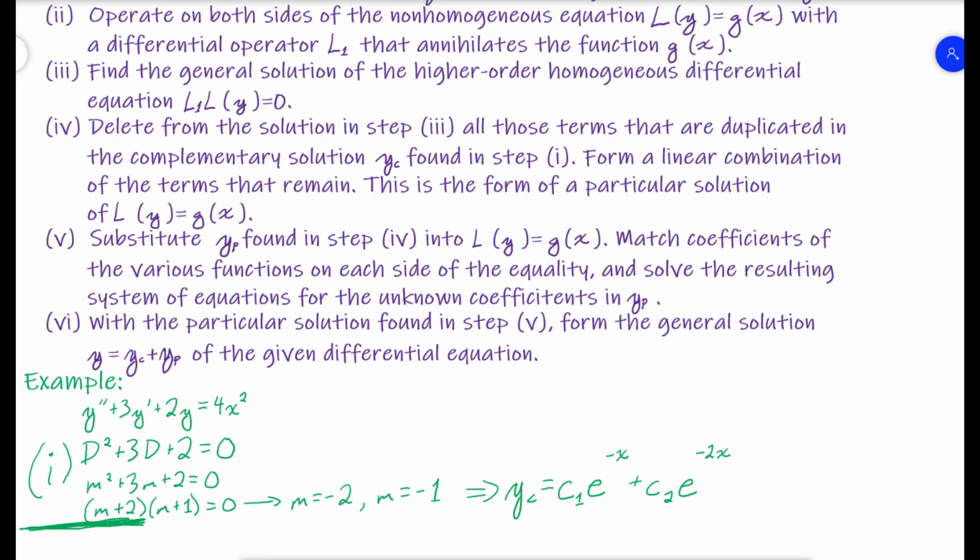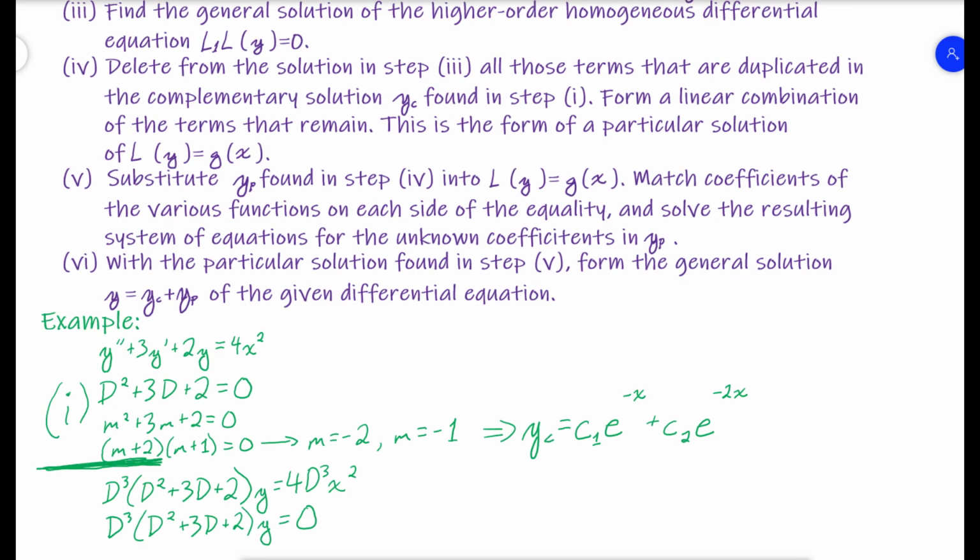So for step 2, I'm going to be multiplying both sides of my differential operator form of my differential equation by D cubed. So when I do that, I'm going to end up with D cubed times the quantity D squared plus 3D plus 2 times y equals 0, since D cubed annihilates x squared. And that's the end of my second step.